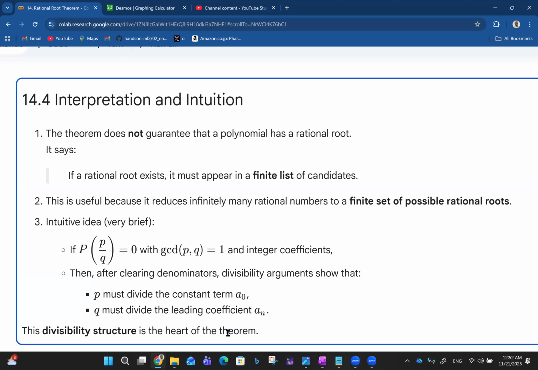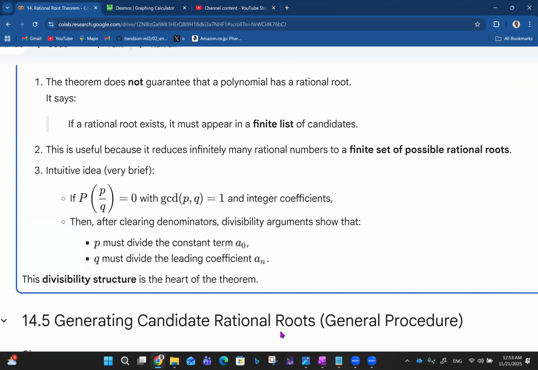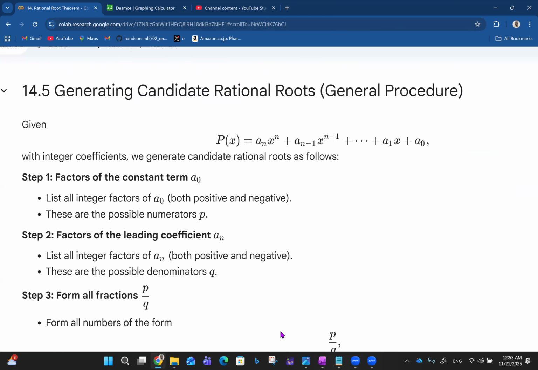This divisibility structure is the heart of the theorem, basically. So just look for the leading coefficient and the constant, and put the constant over the leading coefficient, and then you can see the possible results you can get.